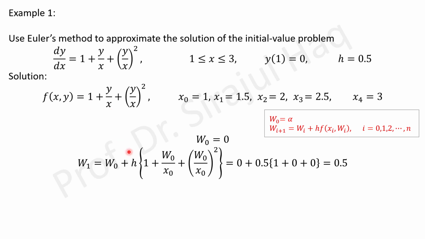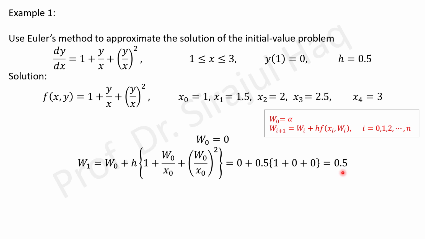So this will be 1 plus W0 by x0, plus W0 by x0 whole square. Now straightforward, W0 is known to you, that is 0. The value of h is known to you, which is 0.5. This is 1 you are getting here. W0 is 0, so 0 divided by 1 is 0, and 0 divided by 1 is 0. So W1 is equal to 0.5.